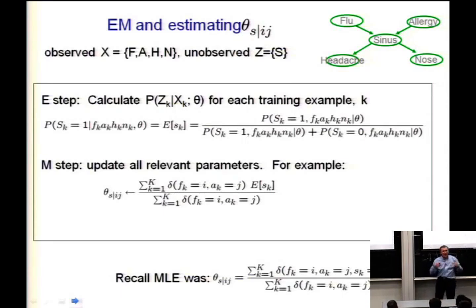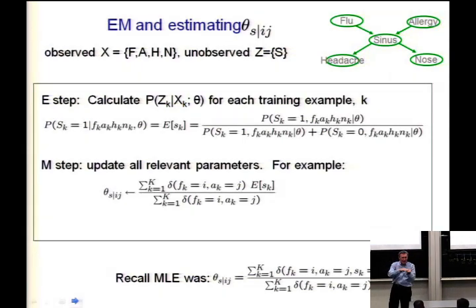And you can prove that on every iteration of EM, the objective function we're trying to maximize, the expected full likelihood, is a non-decreasing quantity over iterations. So it either goes up or it stops.